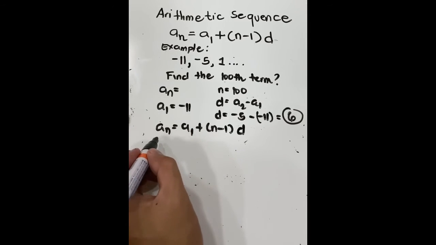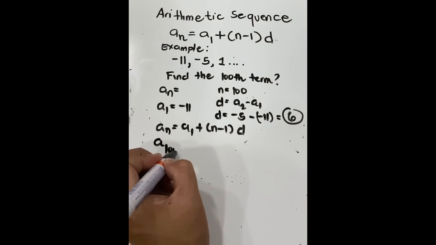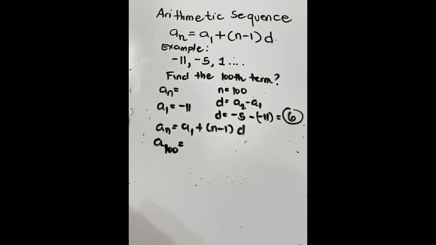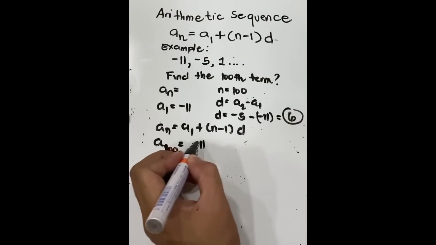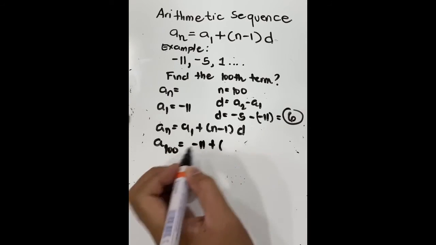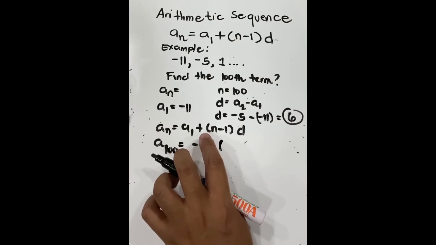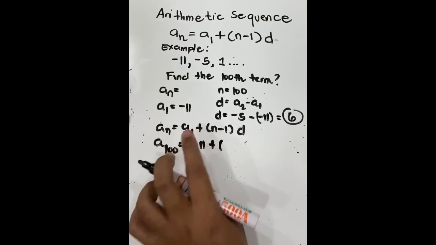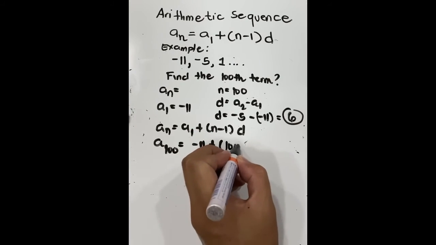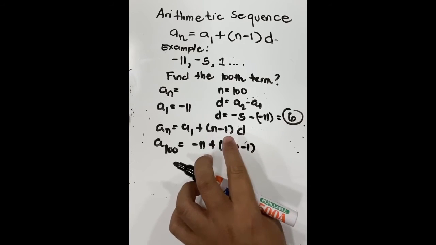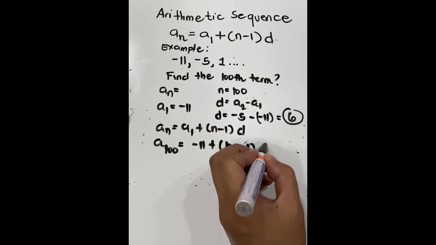Okay, so our a sub n is a sub 100, which is equal to, what is our a sub 1? Negative 11 plus, okay, so our n is 100 minus 1, and our d is 6.